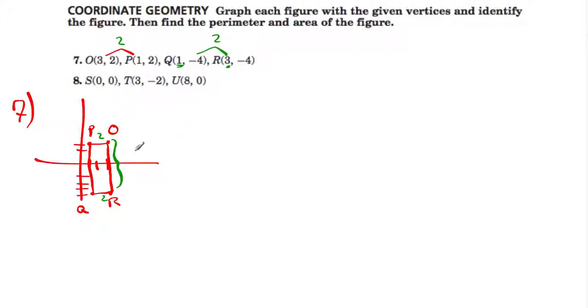So 2 minus a negative 4 is 6. If we count here, that's going to be 6 spaces. And if we do the same, PQ is also going to be 6. So the perimeter here is going to equal 2 times 2 plus 2 times 6, which gives us 4 plus 12, which is 16.